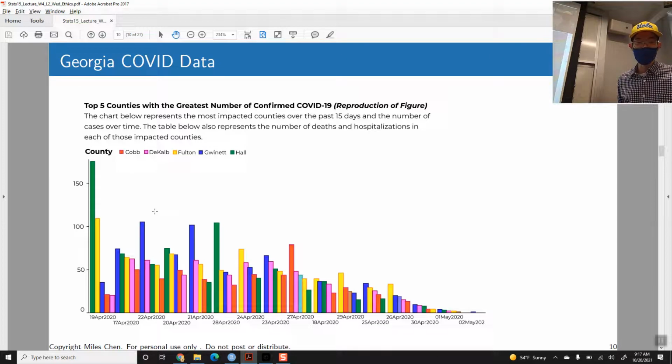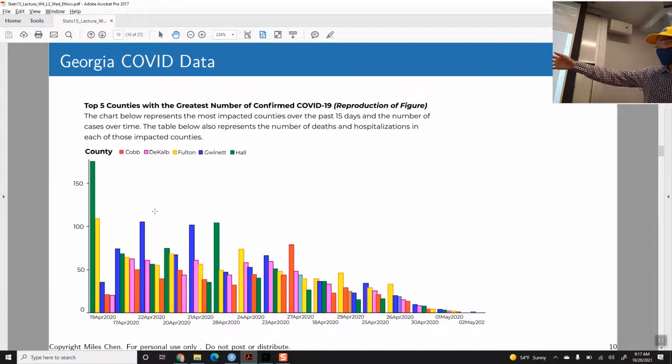So this was kind of early on, May 2020. If you think back to just a year and a half ago or so. All right, and it says the chart represents the most impacted counties over the past 15 days and the number of cases over time. The table below also represents, so I guess they also came with a table.